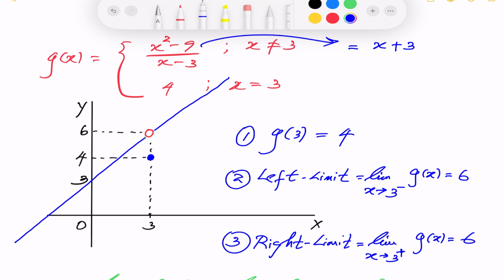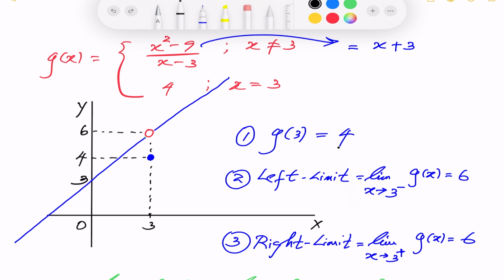Is this function continuous with respect to x equals 3? Or in other words, is this function continuous within a neighborhood of 3? Unfortunately, it is not continuous. We can of course see that there is this discontinuity right here. We can also visualize that graphically, even if I don't have the graph.